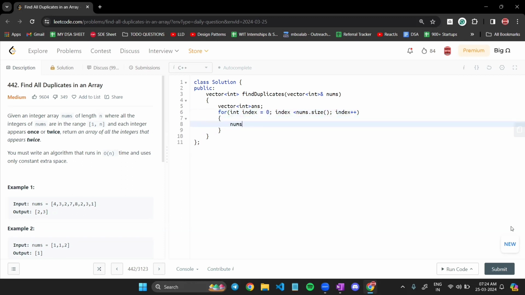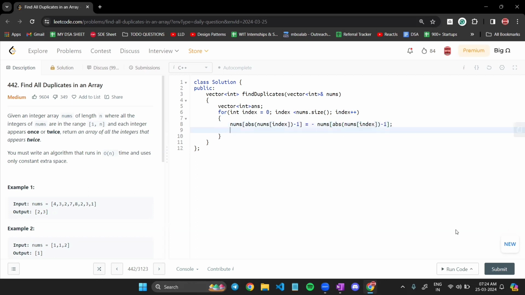We have to set nums[index - 1]. Now there is a possibility that this nums[index] could be negative. That's why we are going to take only its positive part, correct? So we are going to set this value as the negative of nums[index - 1], okay? And this would be by only considering the value, not the sign, correct?